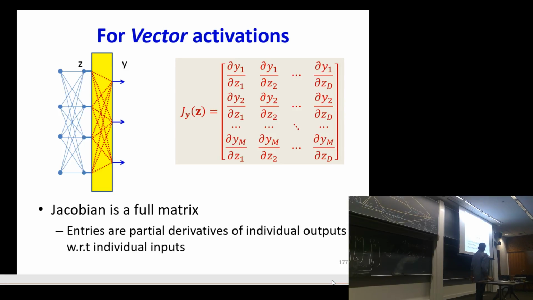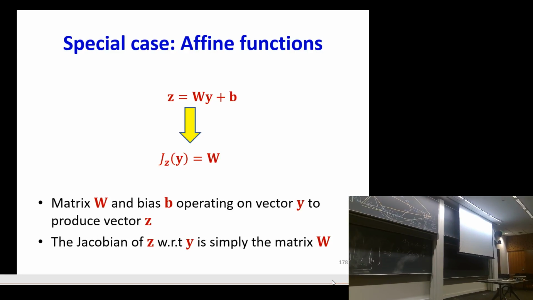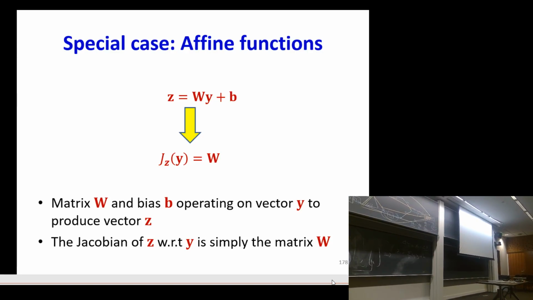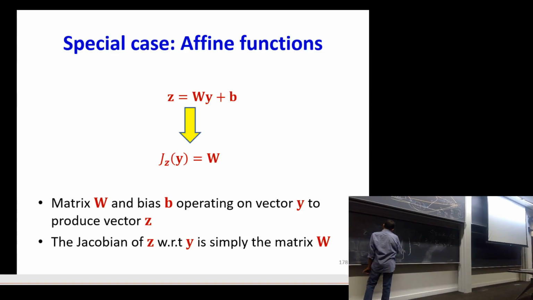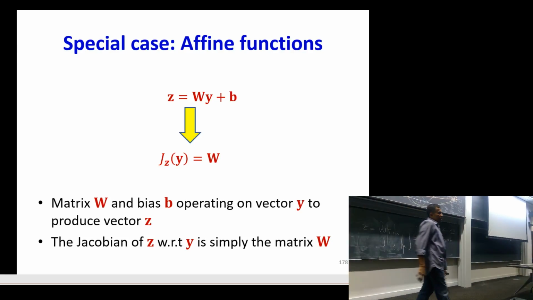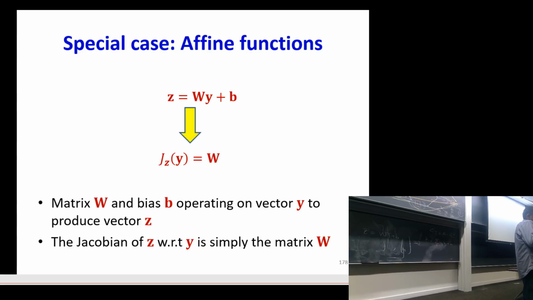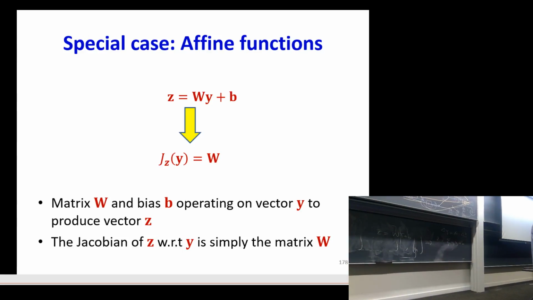But then let's go back and look at this. If I just say z equals w y plus b, where w is a matrix, and z and y are vectors, what is the derivative of z with respect to y?